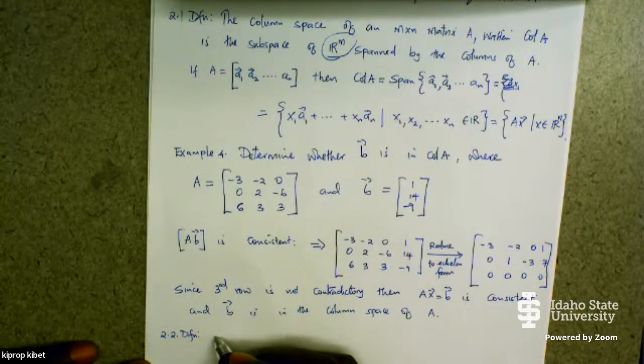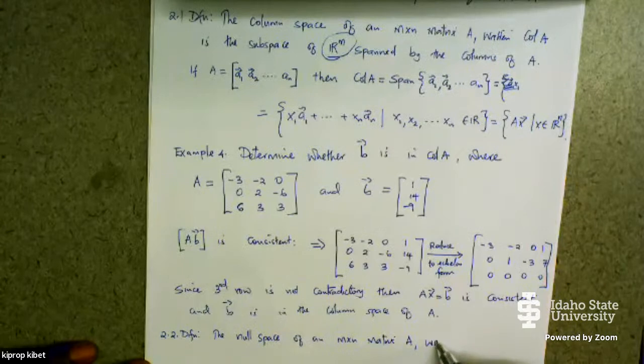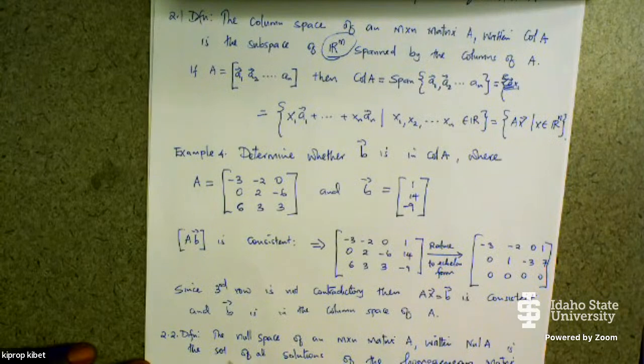Definition: the null space of an m by n matrix A, written Nul A, is the set of all solutions of the homogeneous matrix equation Ax equals 0.